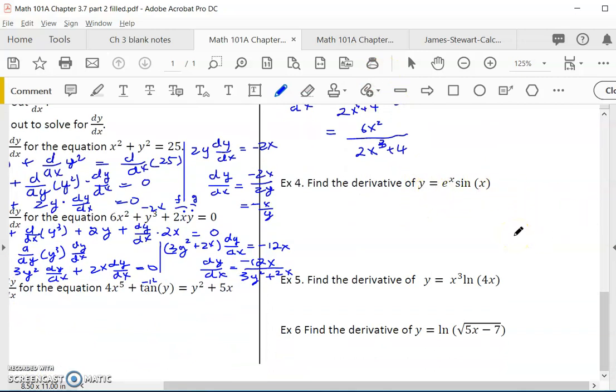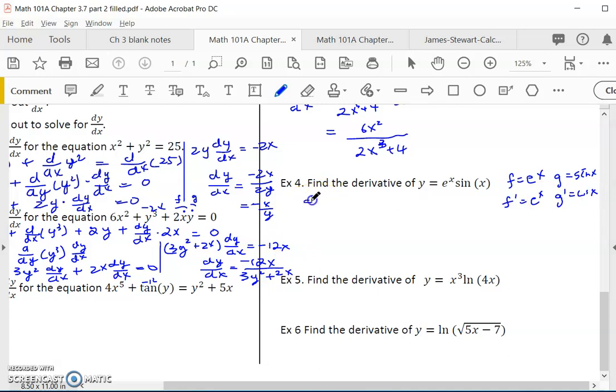The next one is where we have e to the x and sine x together, which is a product rule. So let's say f is e to the x, g is sine x. This seems to be very easy, it doesn't involve any chain rule stuff. So f prime is just the same thing, because it's just e to the x, and g prime is cosine x.